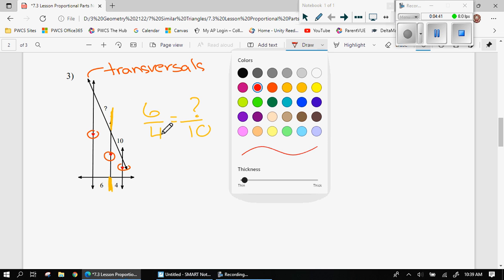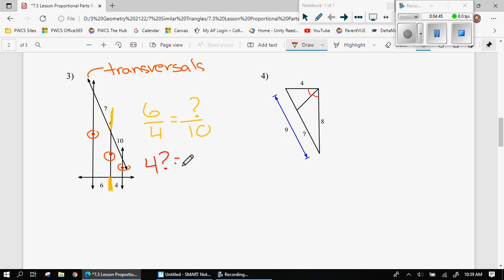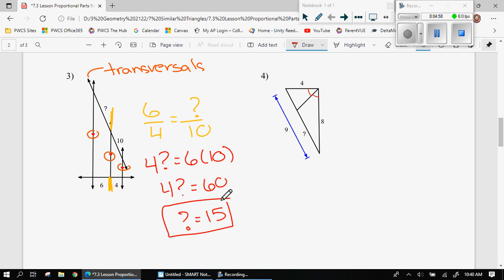And then I can cross multiply, so I can do 4 times question mark, 6 times 10, and I can solve this thing. Divide both sides by 4, and I can figure out that that missing piece is 15.